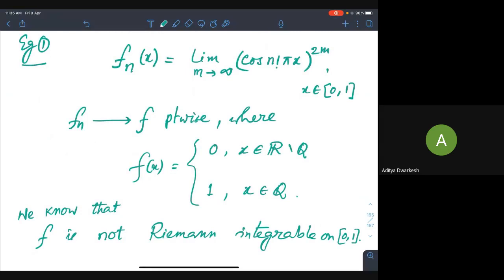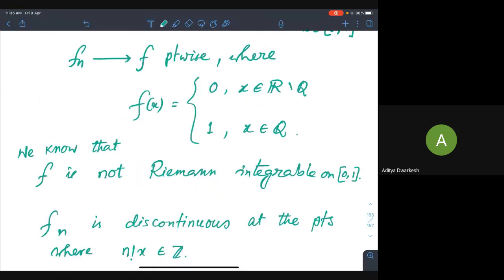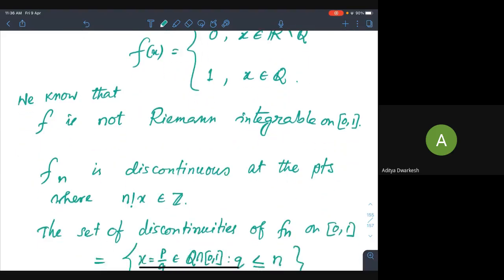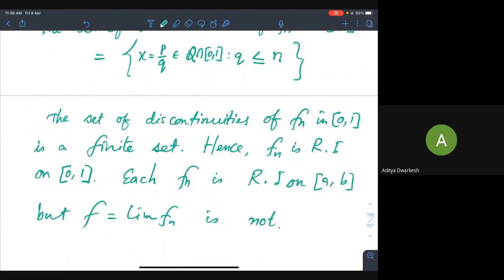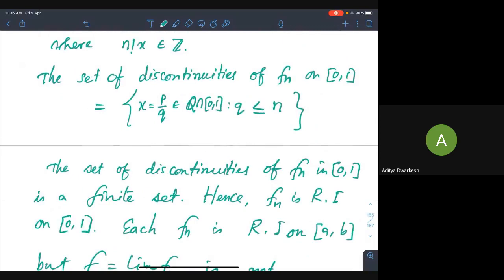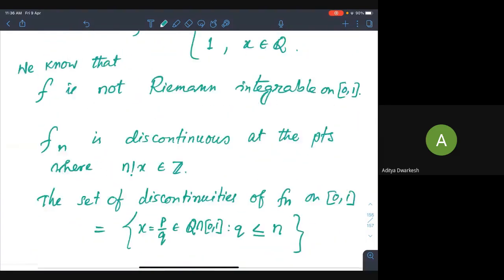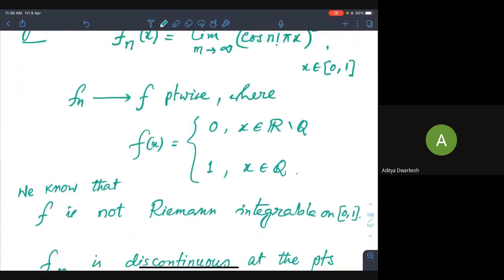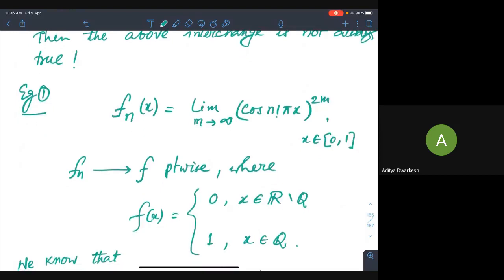So we get a sequence of functions which are Riemann integrable, but in the limit, the pointwise limit is actually not Riemann integrable. So why is the pointwise limit not Riemann integrable? It's discontinuous everywhere, right?